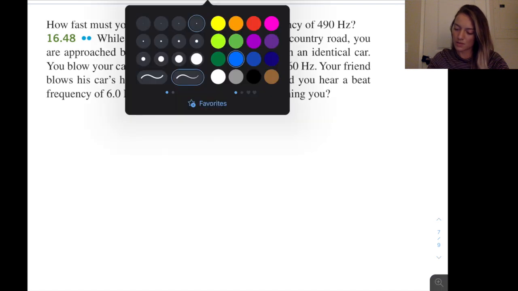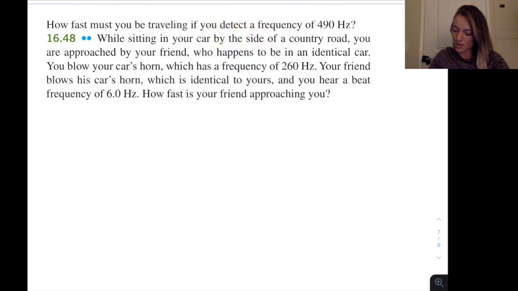So, let's just draw a little picture. You're sitting here, you're the listener, and you're obviously moving with 0 speed since it says you're sitting still. Your friend is moving towards you with some speed that we don't know.